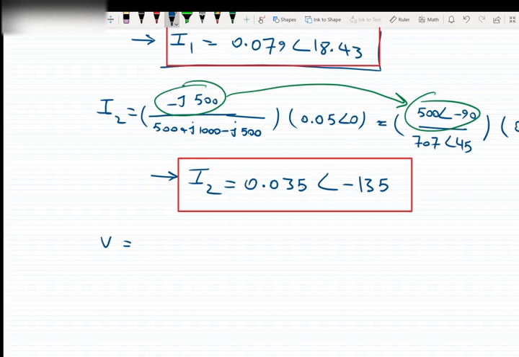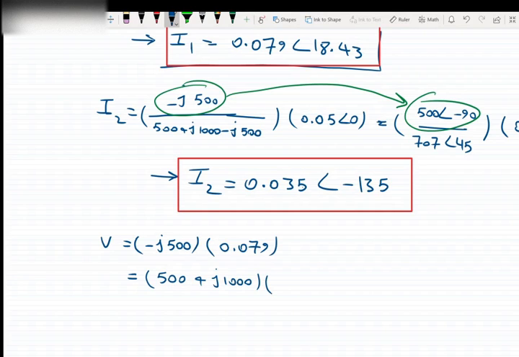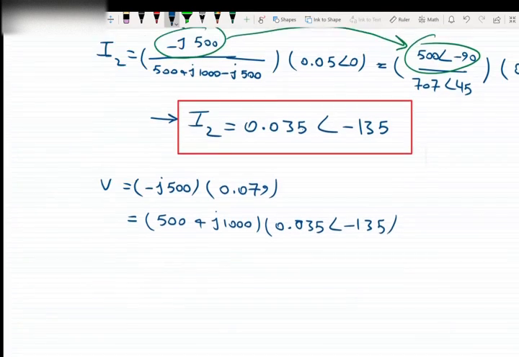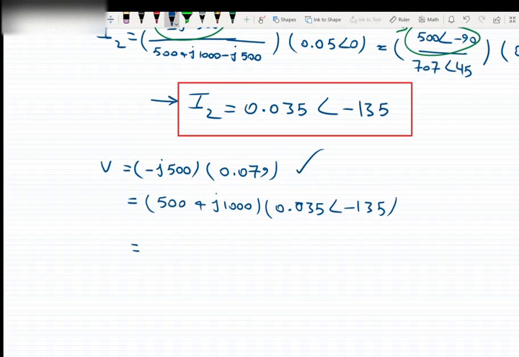So V is equal to negative j500 times I1, or we can say it's equal to 500 plus j1000 times I2, both of them are the same.